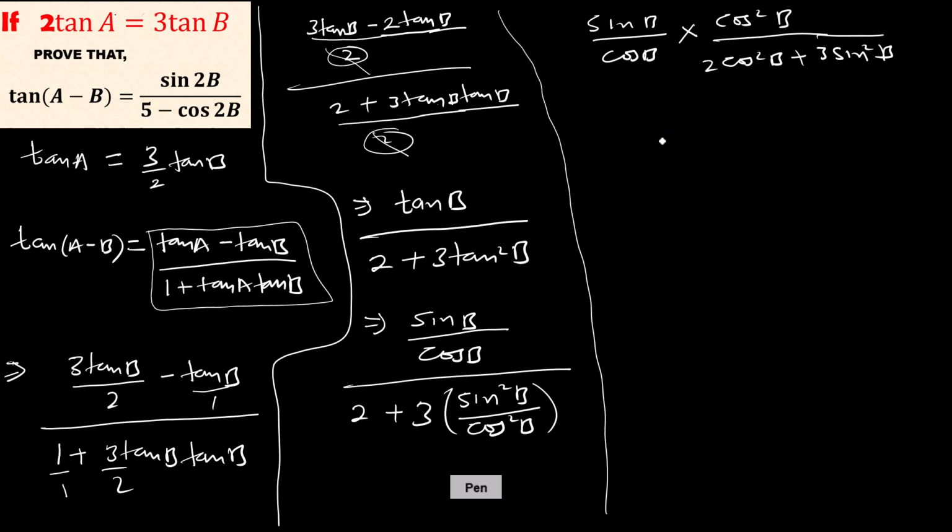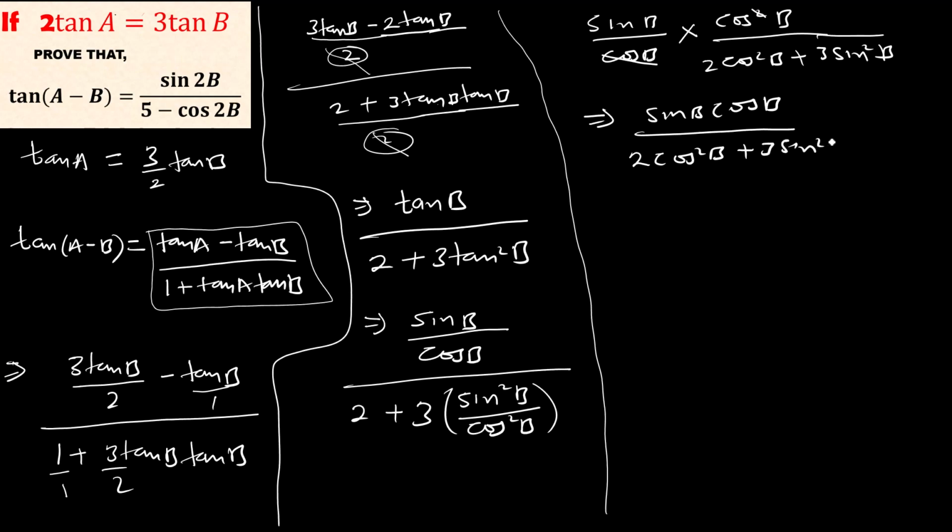So let's do our cancellation. This cos B will remove one of this. So the numerator will be sin B cos B on 2 cos squared B plus 3 sin squared B.